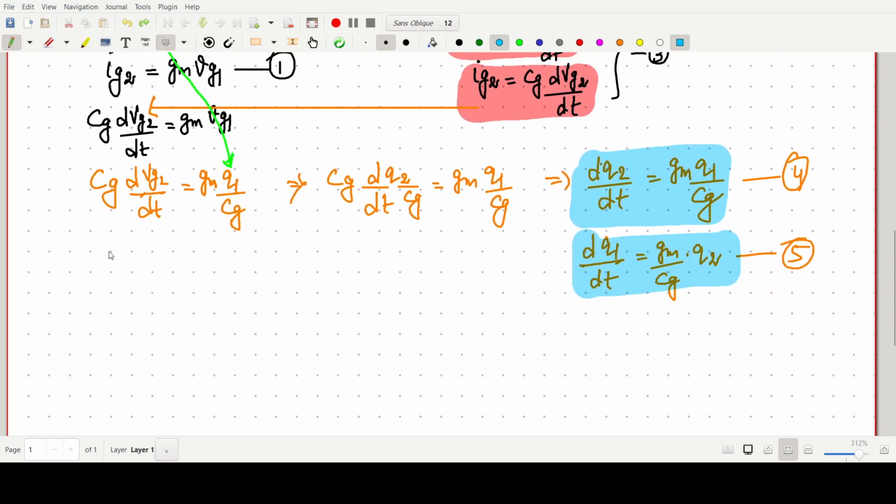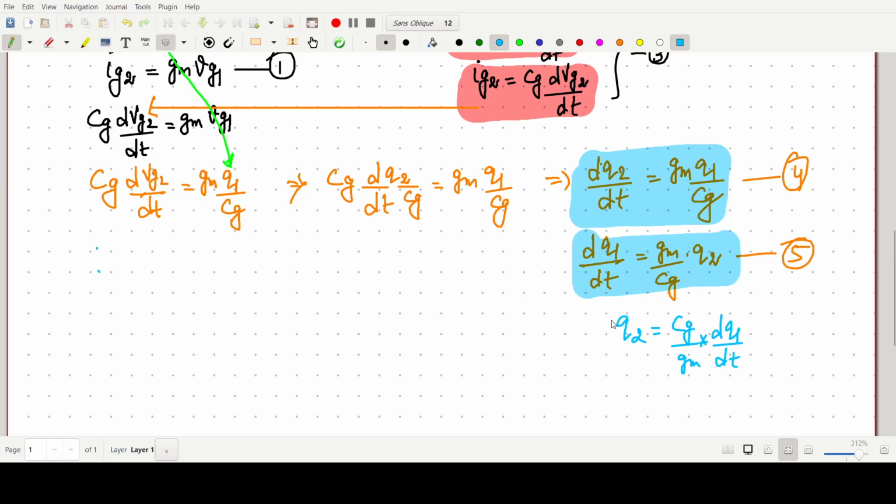From this one can write Q2 equals Cg by Gm dQ1 by dt. Then Q2 is known to us.